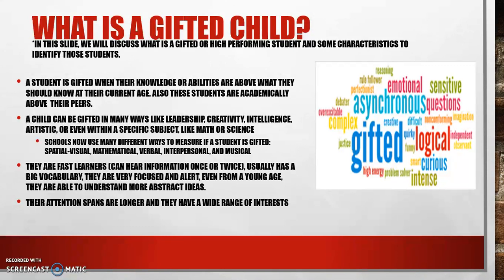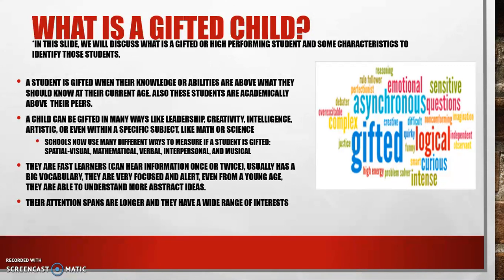Schools now use many different ways to measure if a student is gifted, like through spatial, visual, mathematic, verbal, interpersonal, and music. All of these are under the multiple intelligences. They are fast learners, so they can hear information once or twice and remember it.